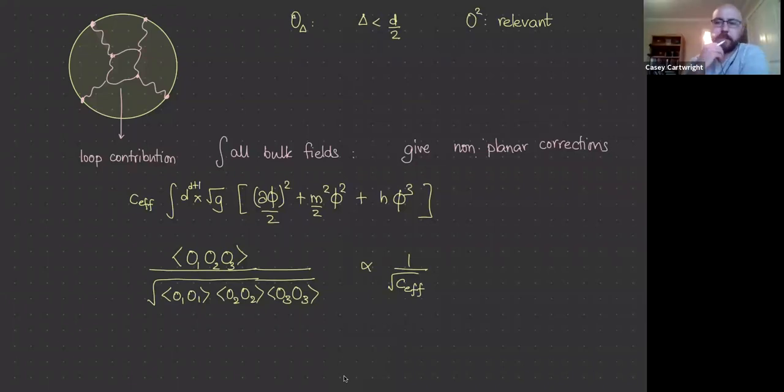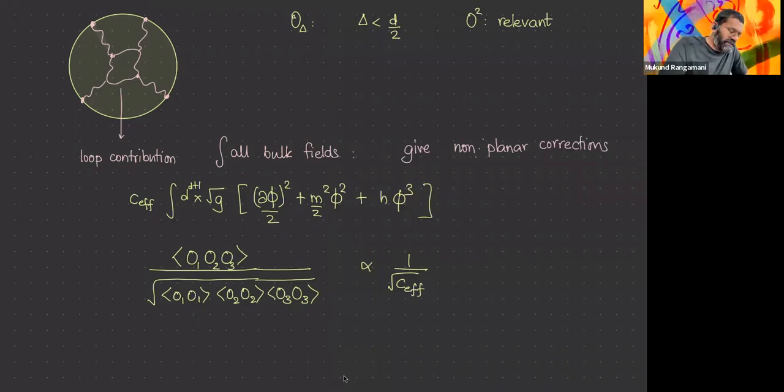A classic example is the Wilson-Fisher theory in 3 dimensions, where the phi to the 4 interaction is relevant. In fact, we're doing the O(N) vector model. You can think of phi dot phi squared in Wilson-Fisher as a relevant operator. And this is the matrix analog of that, double trace.